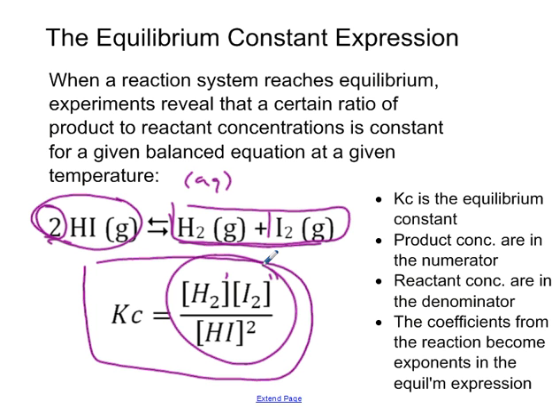They're the same concentrations. You can show that water's concentration is basically 55.5 moles per liter. If you think of its density as being 1 gram per milliliter, 1,000 grams per liter, that's 55.5 moles per liter. That concentration is the same whether there's a lot of water or just a little bit of water. So water and other liquids or solids have constant concentrations, and so we do not include them in Kc expressions.